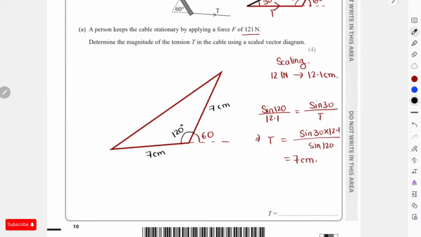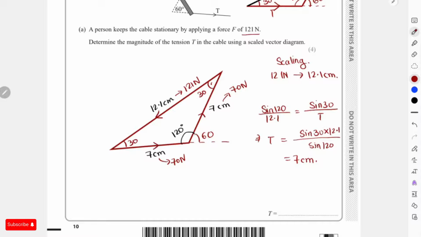You should draw this by measuring the angles, and this should be 12.1 centimeters. On your diagram, you're not going to write these lengths. You're just going to write that this represents 121 Newton, this represents 70 Newton, and this represents 70 Newton. And you have 30 degrees, 30 degrees, and the arrows.